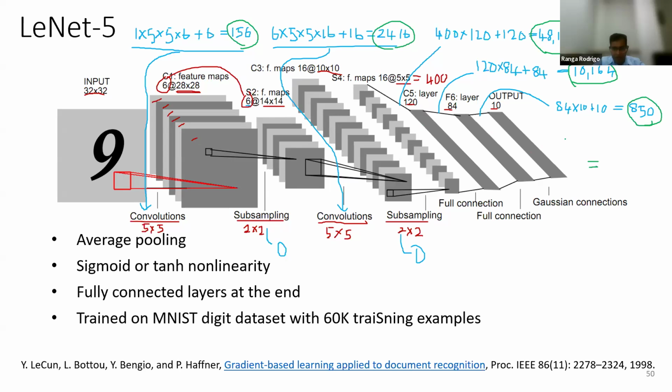Then the total number of learnable parameters is, let me add that then, 156 plus 2,416 plus 48,120 plus 10,164 plus 850. 61,706.